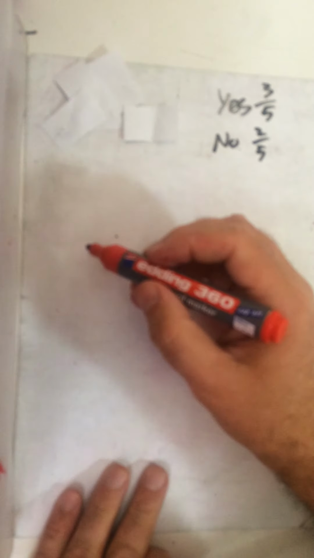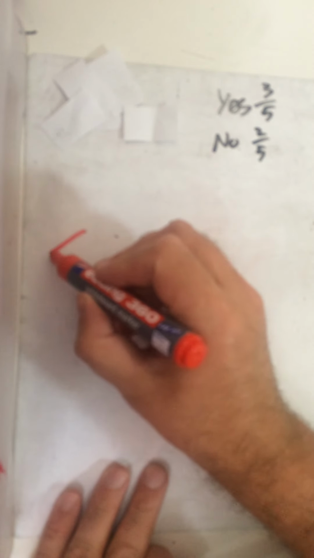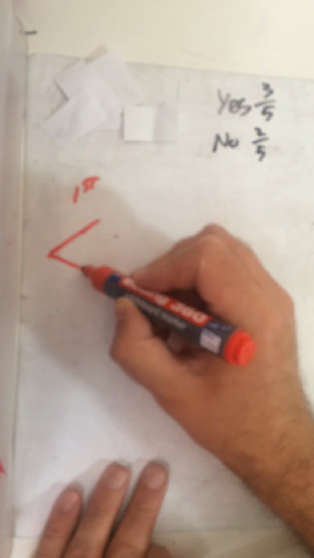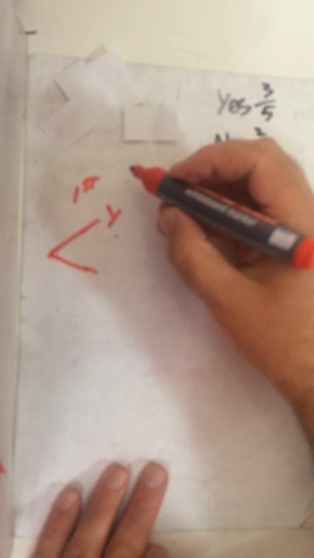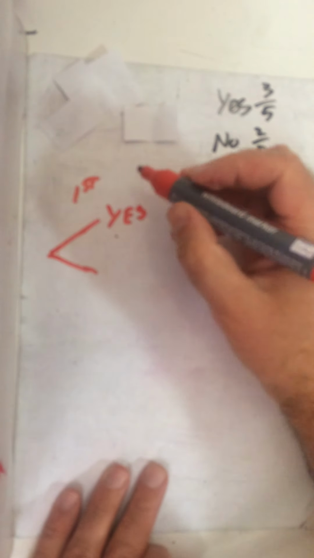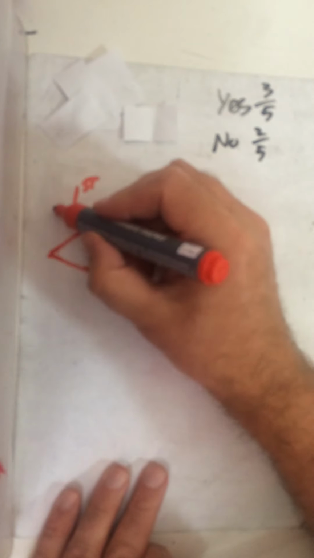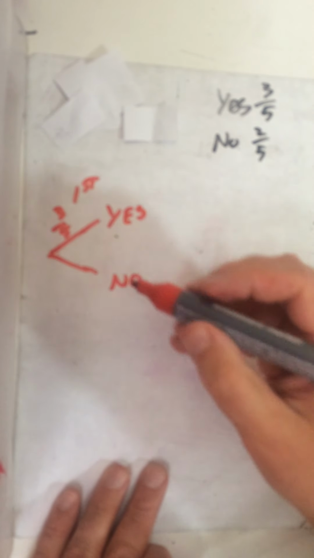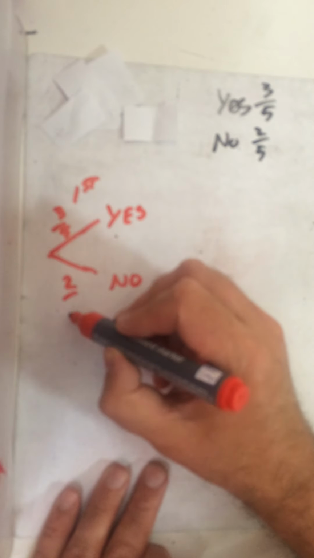So we're going to do a tree diagram for that. So let's have a little look. Our first attempt: the probability of getting a yes is 3 over 5, and the probability of getting a no is 2 over 5.